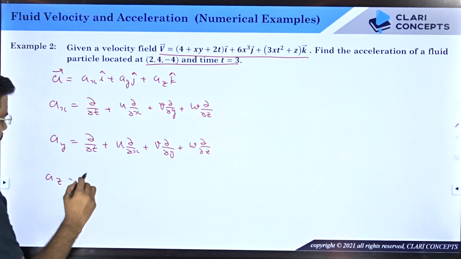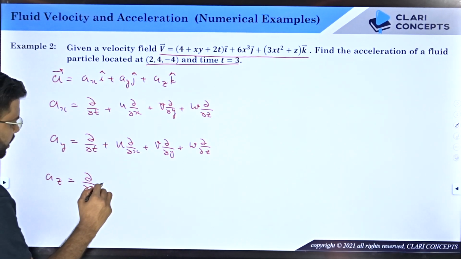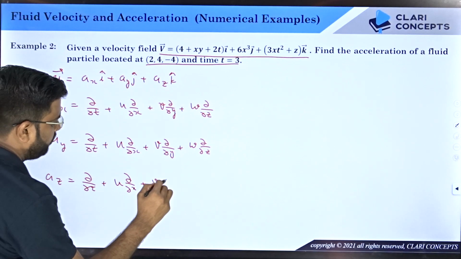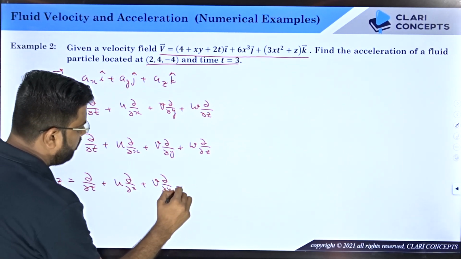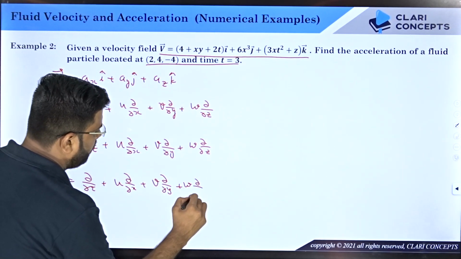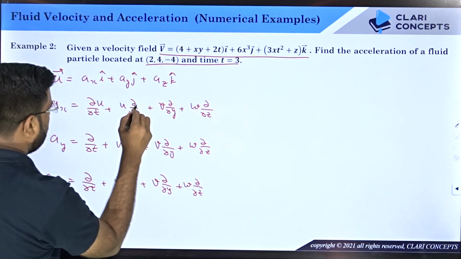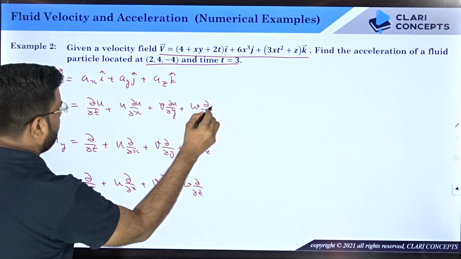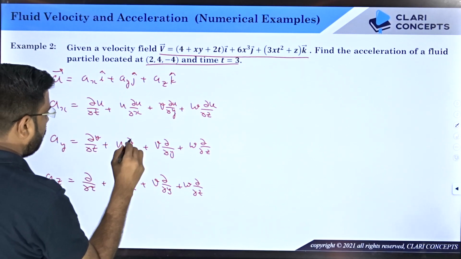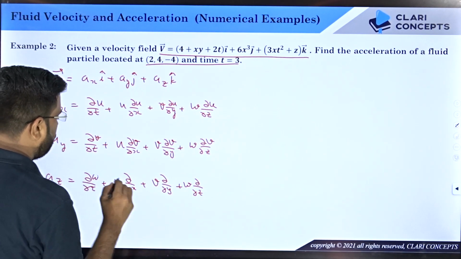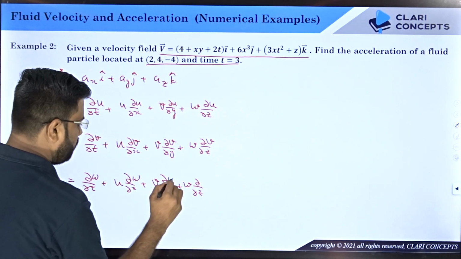And you put u everywhere for the x component of acceleration, you put v here, and you put w here.